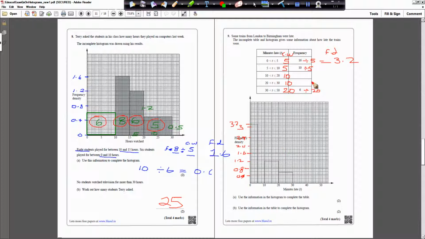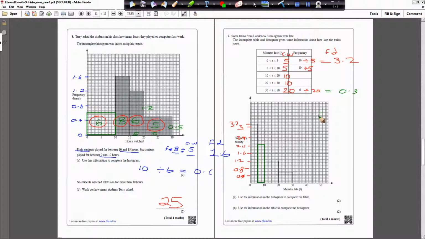The second bar is 10 divided by 5, so it will have a height of 2. We start from the bottom and go up to 2. We've got one more bar to do, the last one. 6 divided by 20. What's 6 divided by 20? 0.3.